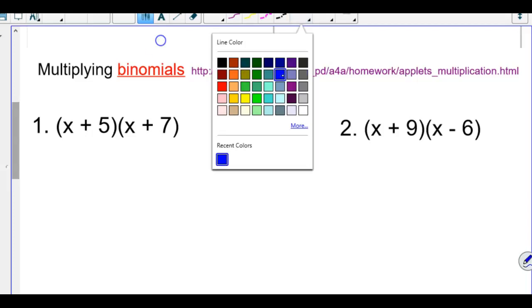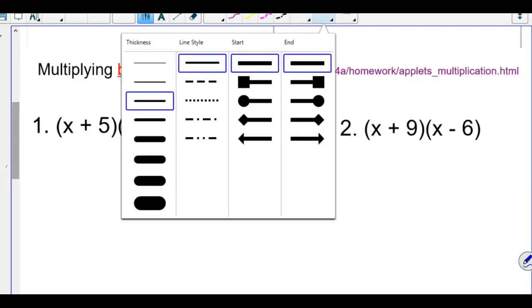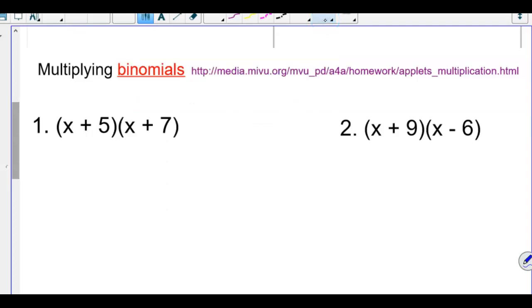Alright, so doing this algebraically, I'm going to show you 2 different ways you can go about doing it, and then you will know 3 total ways to do it all together, algebra tiles or these 2 different ways. So you can look at this as we need to distribute, and we can go about that 1 of 2 different ways.